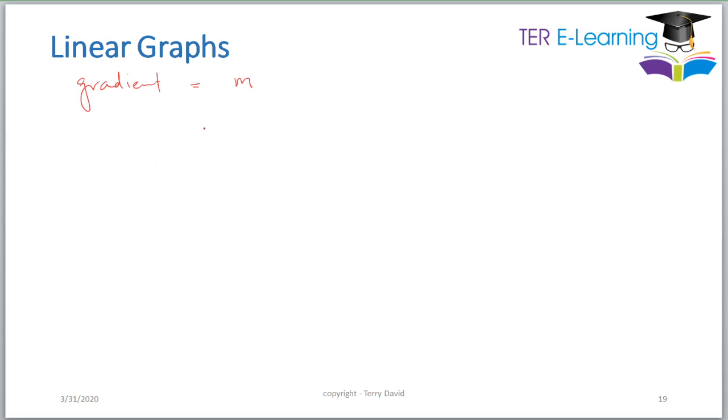Now, just by looking at a graph, you should be able to tell if the gradient of a line is positive, if the gradient is 0, or if the gradient is negative, just by looking at the graph, right? So if I draw a graph for you, you should be able to just look at it and tell me if it has a positive gradient, 0 gradient, or a negative gradient.